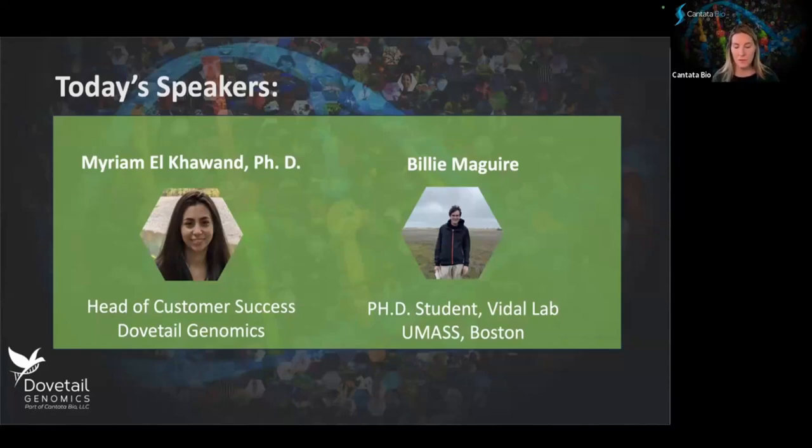Today, Billie's going to walk us through the contributions of population genetics, genome structure, and genetic architecture, and phenotypic plasticity to dietary generalism in insect herbivores. He's going to showcase the importance of having a high-quality genome assembly for achieving high-resolution data, reducing sequencing costs, and enhancing confidence in variant calling, all of which are essential for these eco-evolutionary studies. So we're very pleased to have Billie here with us today.